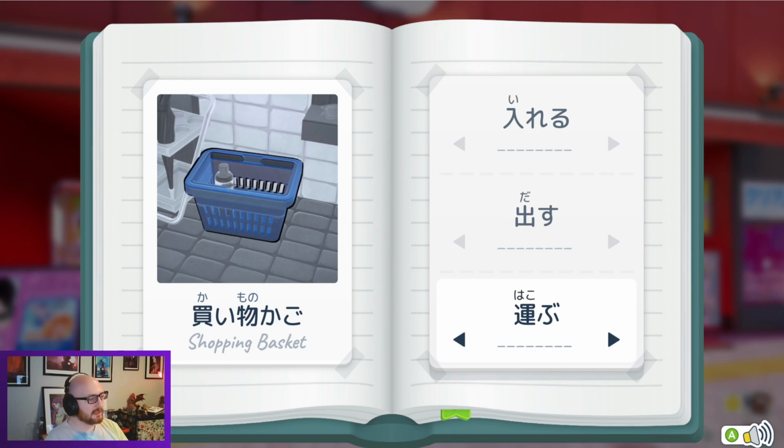If we want to do past tense negative, like we didn't transport, we can go hakobanai and then drop that i at the end and put katta, hakobanakatta. It's a lot of sounds there, hakobanakatta.